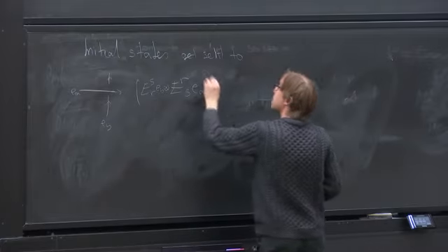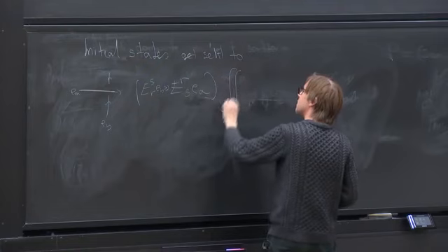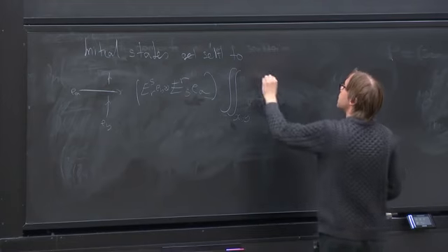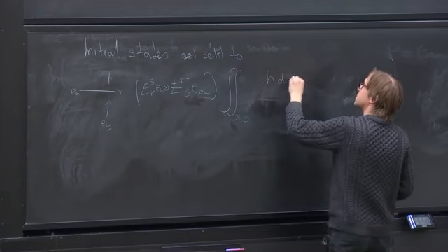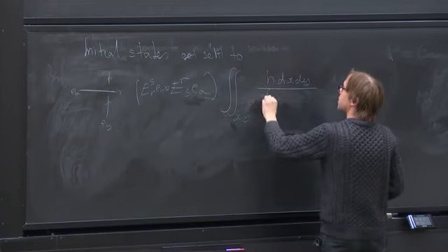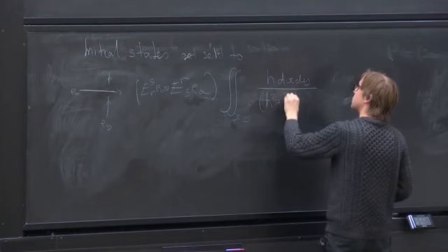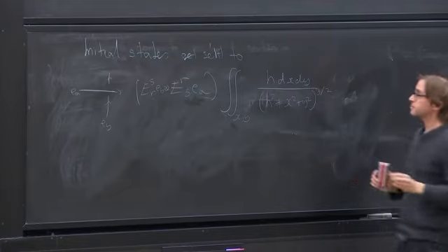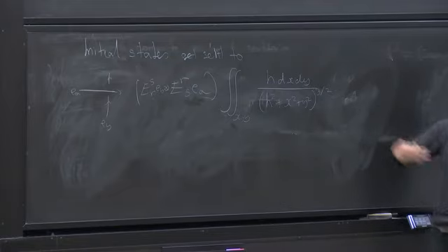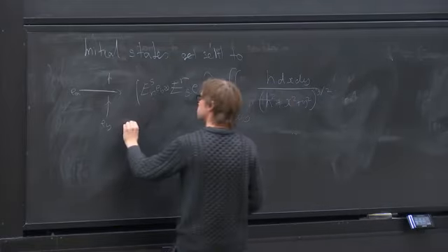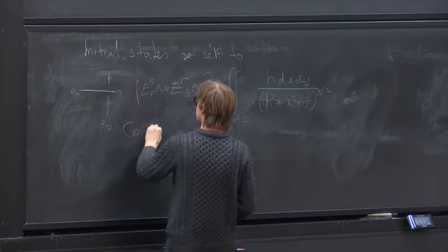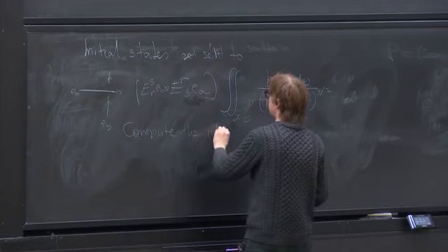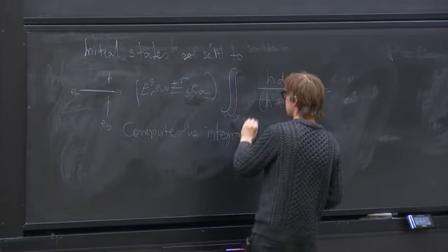So we get this time times the double integral for x, y of h dx dy over (h squared plus x squared plus y squared) to the 3 over 2. So let's compute this integral. I'm not actually going to compute it, I'm just going to show it's non-zero and understand its dependence on h.